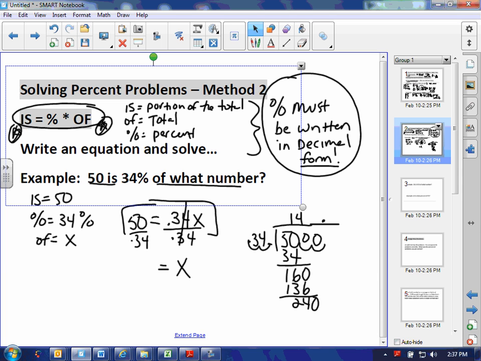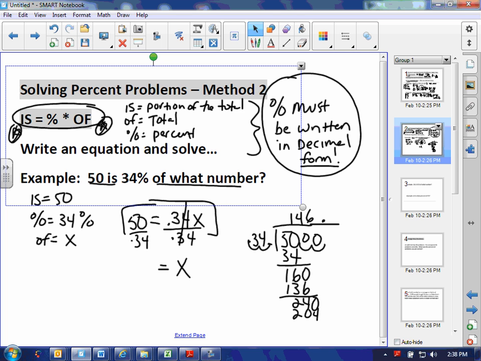Okay, 34 goes into 240. Just gonna think about this one for a sec. Okay, it's going to go in 7 times. Actually, it's going to go in 6 times. Okay, and you would get, let's see, that would be 180 plus 24, would be 204.